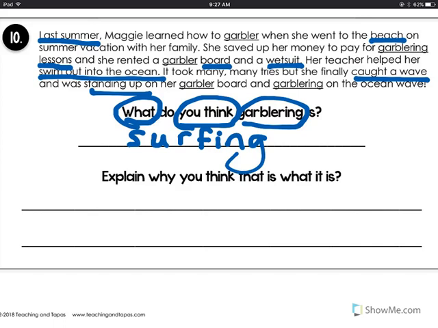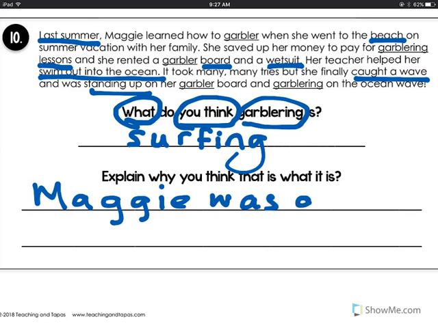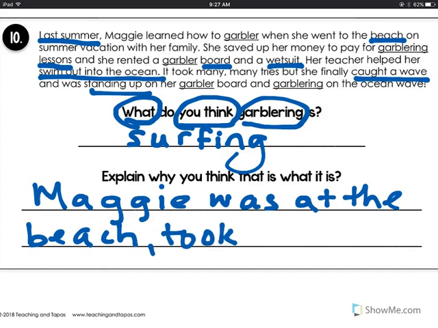And I can prove this down here at the bottom because I can say Maggie was at the beach, and she took lessons, and had a wetsuit.